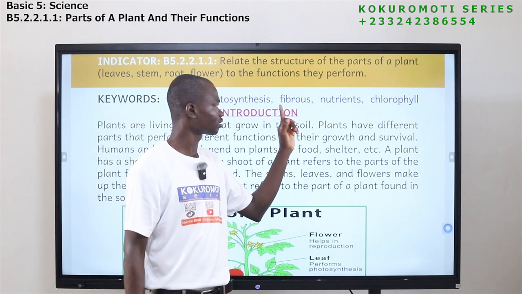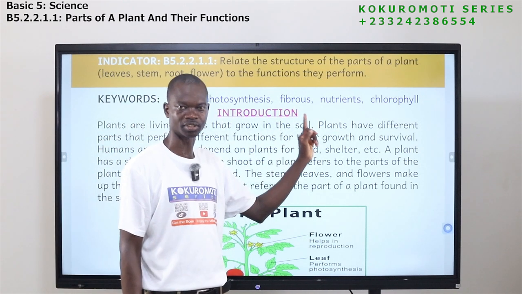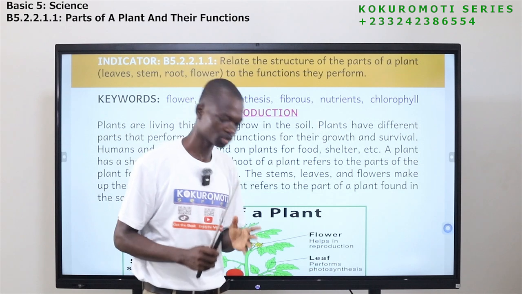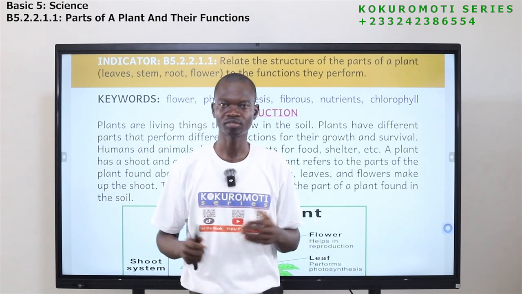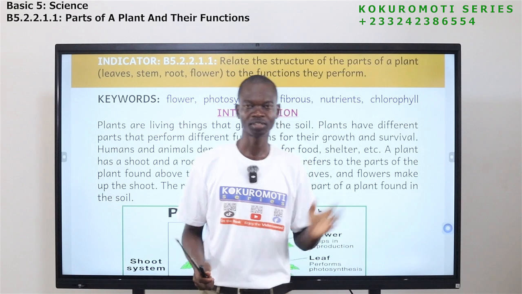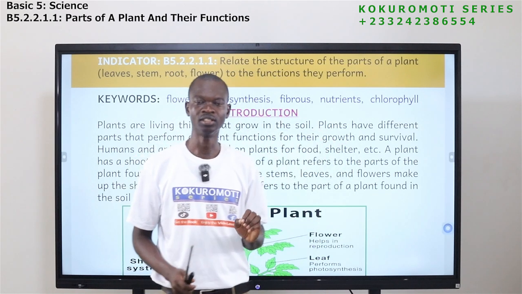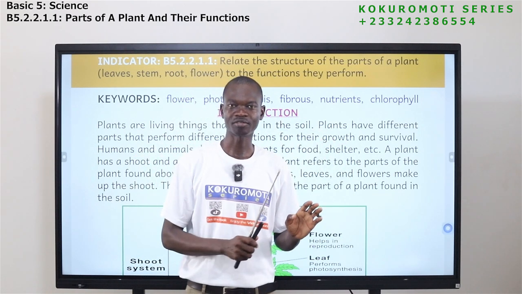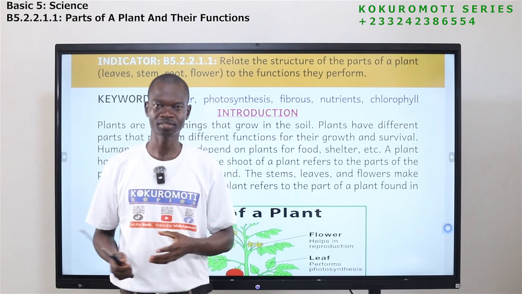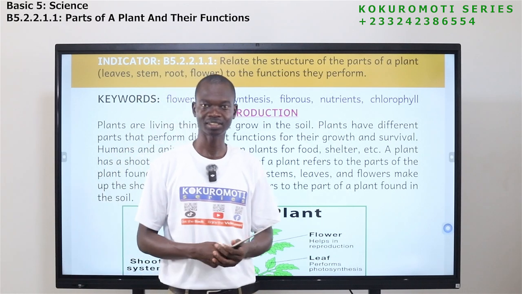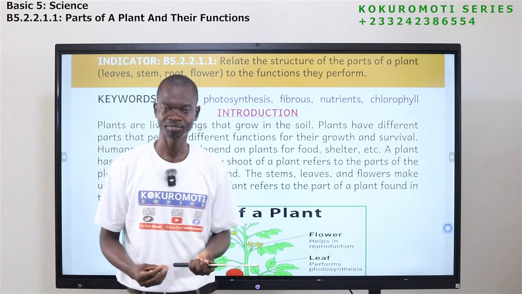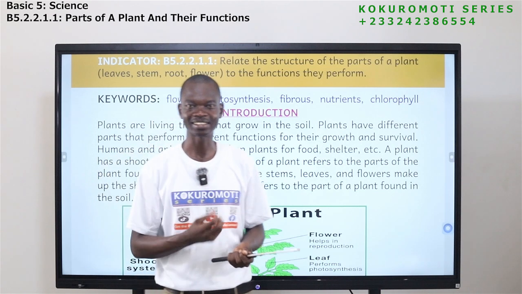The next one is fibrils. This is also a root system. We have different root systems, but the fibrous one, some plants have many roots. Their roots are many, but their sizes are the same.